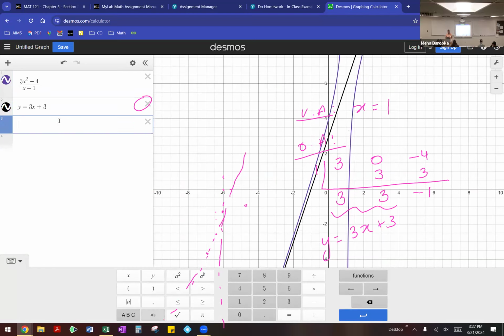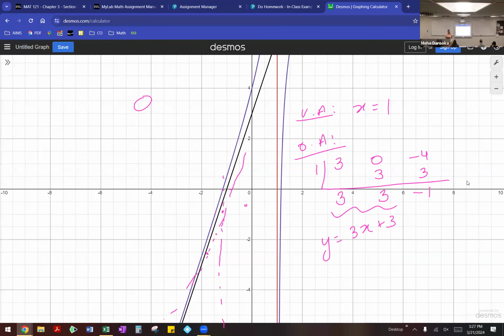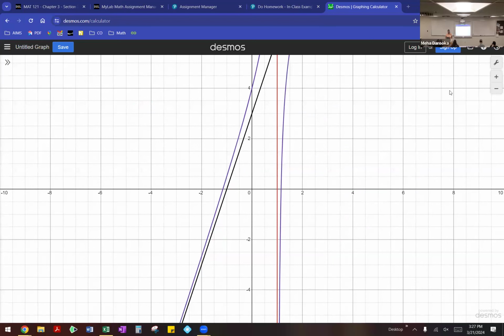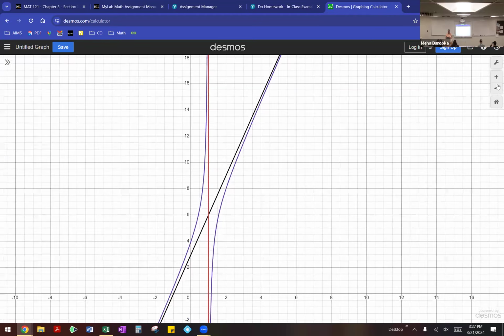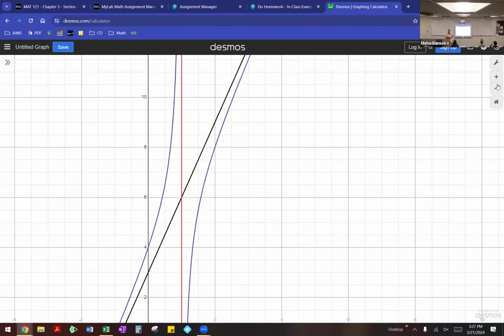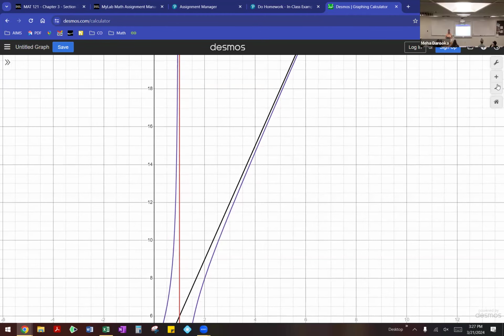And our vertical was x equals 1. So let's get those lines in there. And you can see where the vertical asymptote is. That's the red line. The blue or purple, whatever that color is, the same thing's happening, right? It's getting closer and closer to that red line.